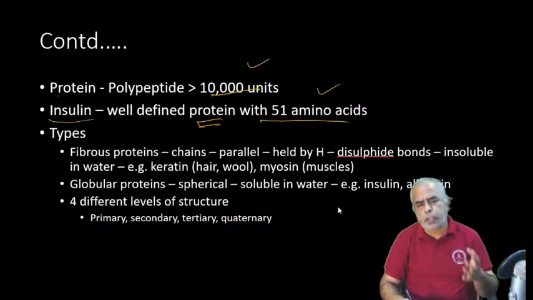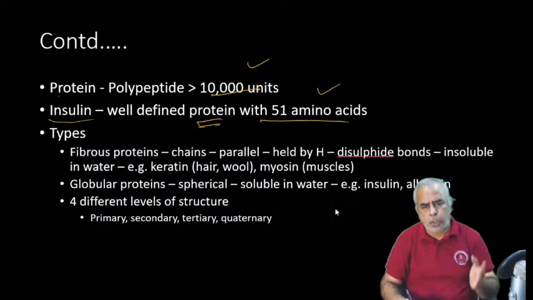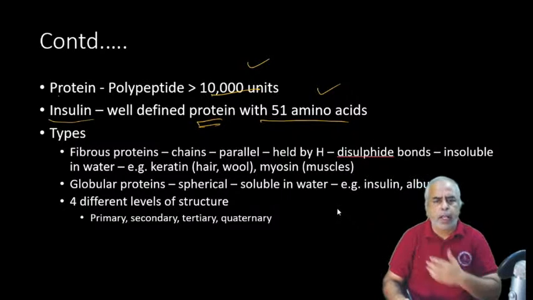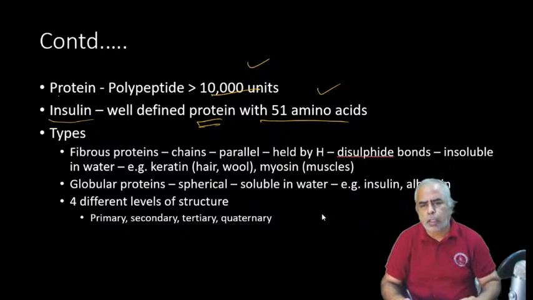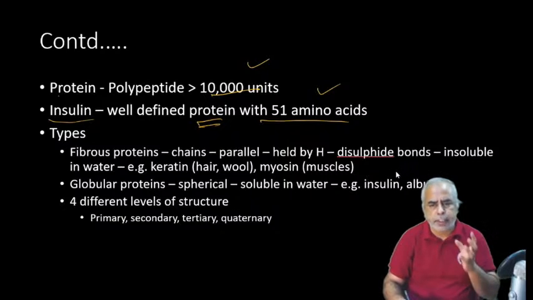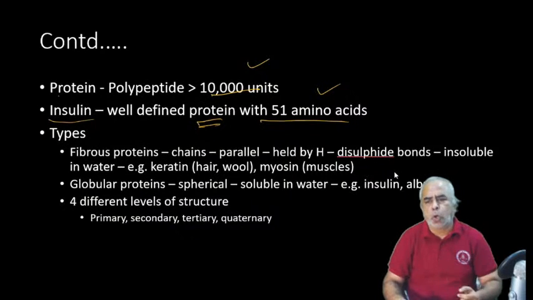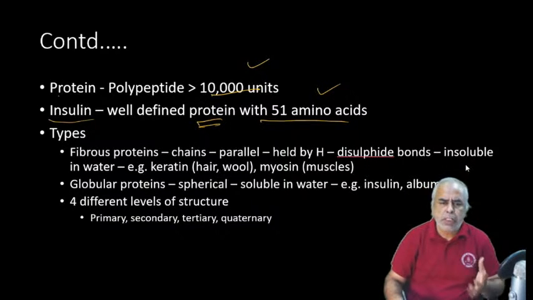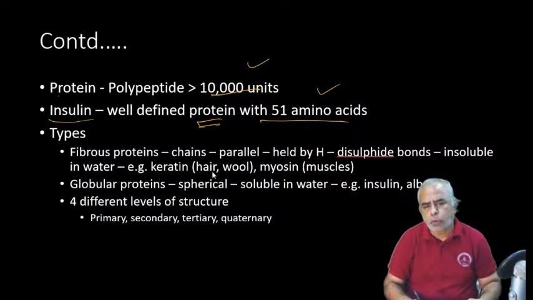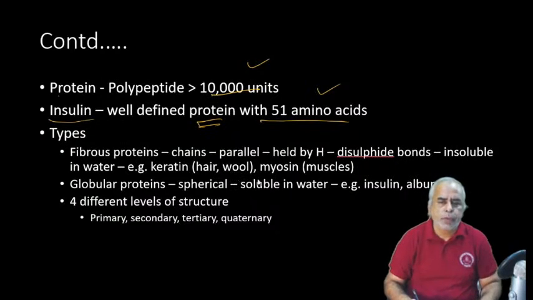Fibrous proteins are made up of chains. They are held by hydrogen bond. They are parallel, and they are linked by disulfide bonds. Then they are insoluble in water. The best example is keratin, which is available in hair and wool.